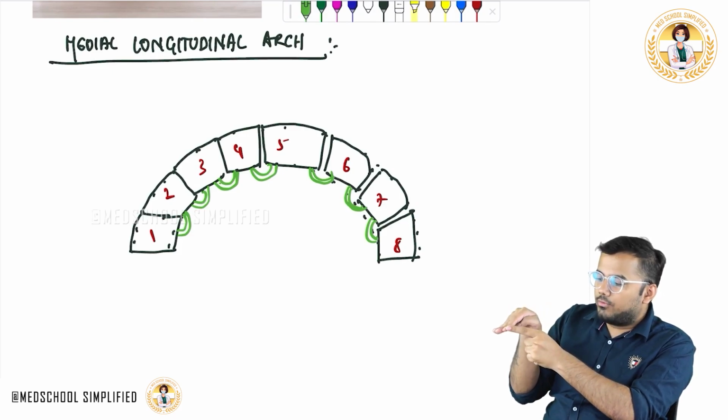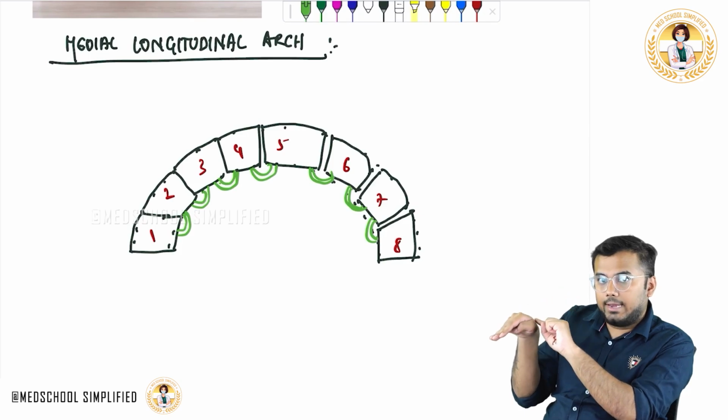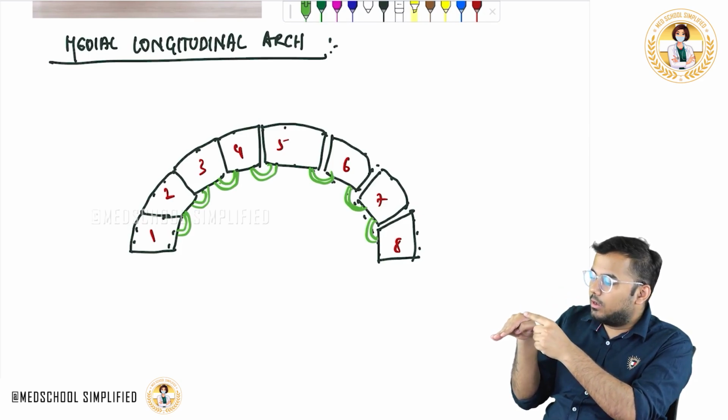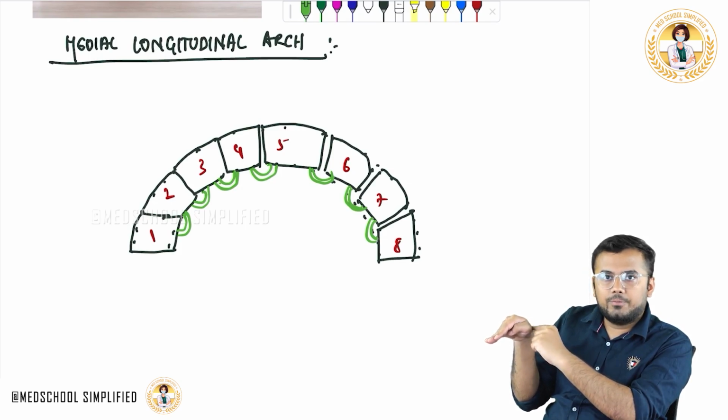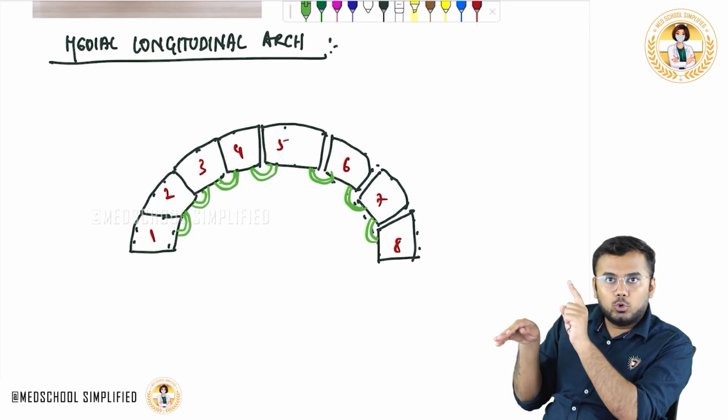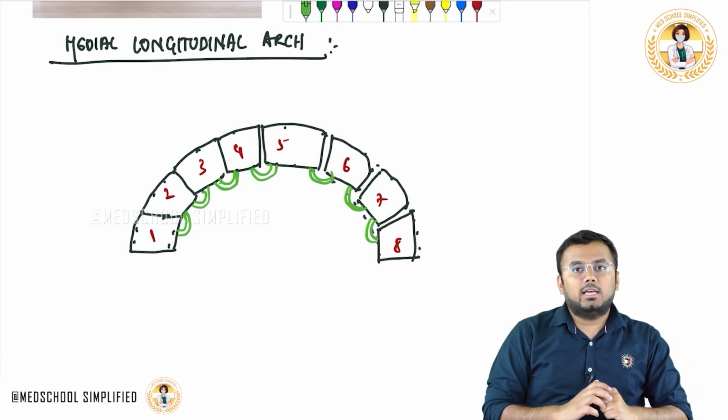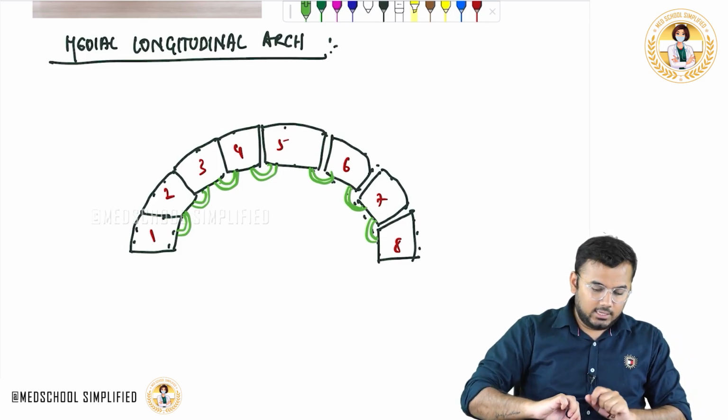All of them together are forming an arch. To take the shape of an arch, these bones should be interconnected with each other with the help of ligaments. Those ligaments are here called intersegmental ties.